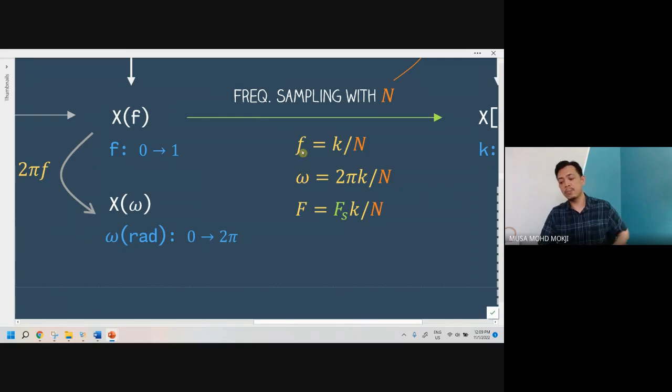If you want to plot it based on F, you need to convert that k into F with this equation, which is F equals k over N. To get omega, you do 2 pi k over N. And if you have your sampling frequency, but in our example we don't have a sampling frequency, it's not given, so we cannot find the capital F. But if you have your sampling frequency, you can convert that k into capital F, because knowing the capital N and Fs, it should be easy to find the capital F.